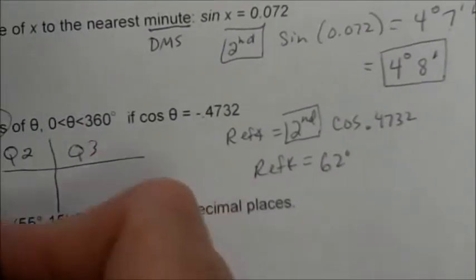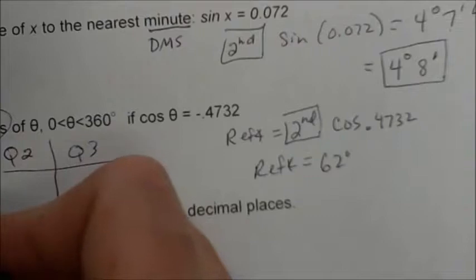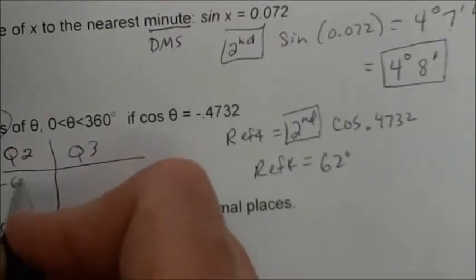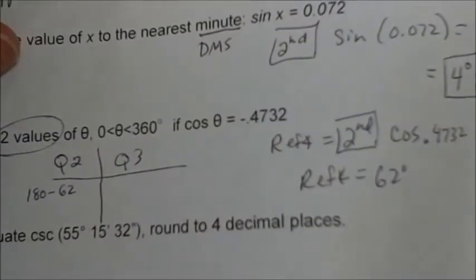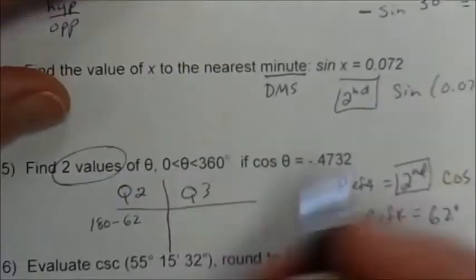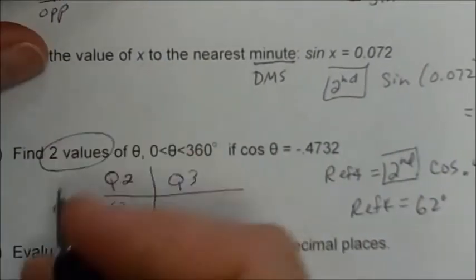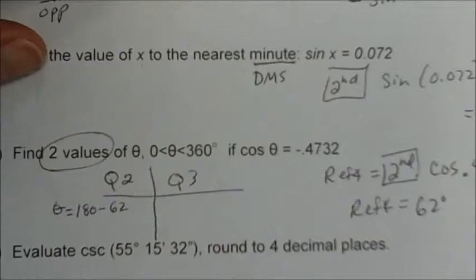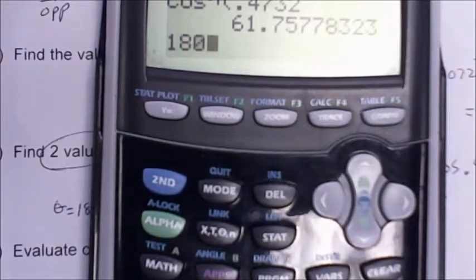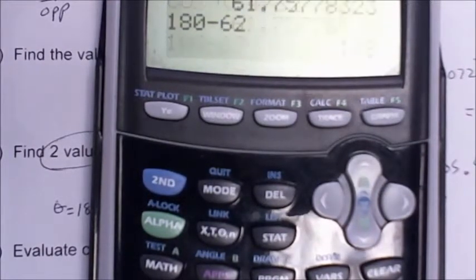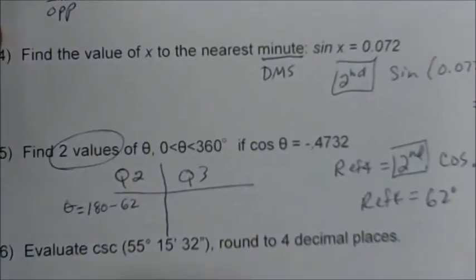Well, in quadrant 2, we do 180 minus the reference angle. That's what theta is equal to. So 180 minus the 62 reference angle will give us 118 degrees.